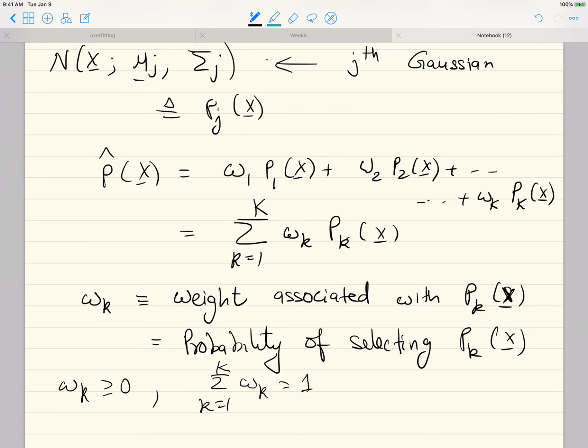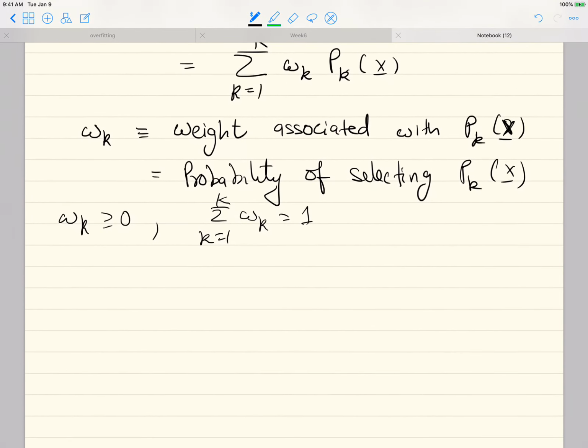This is just a direct generalization of the scalar case we saw before. A weighted sum of the Gaussian density functions. Each function is now not a scalar, but a multivariate Gaussian with mean mu and covariance sigma.